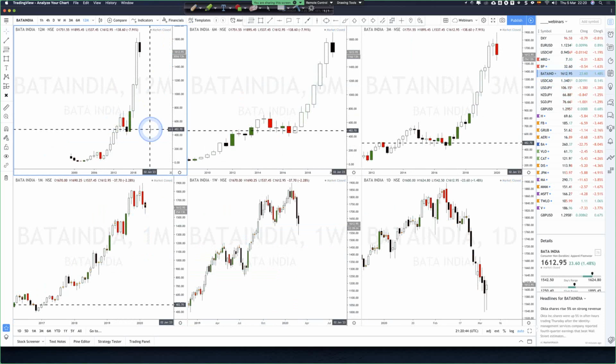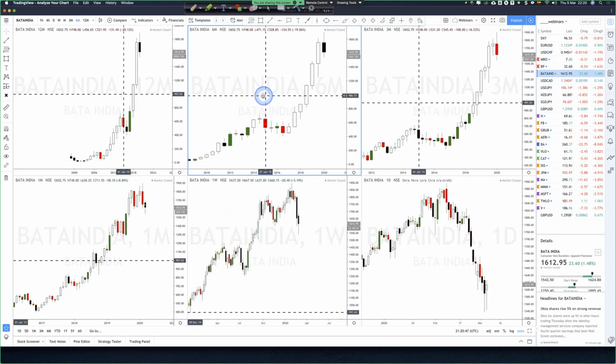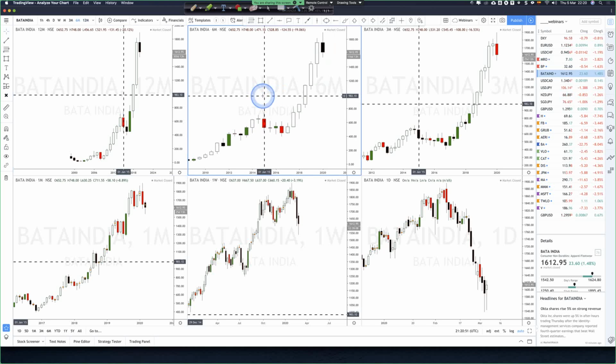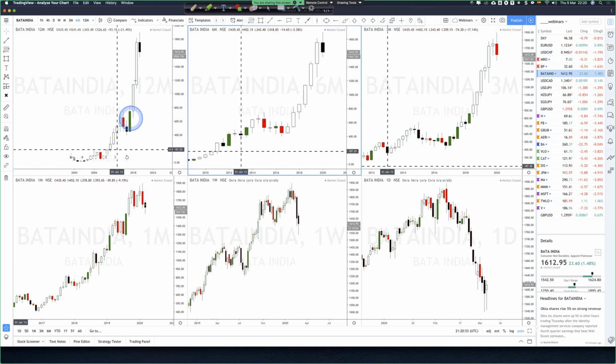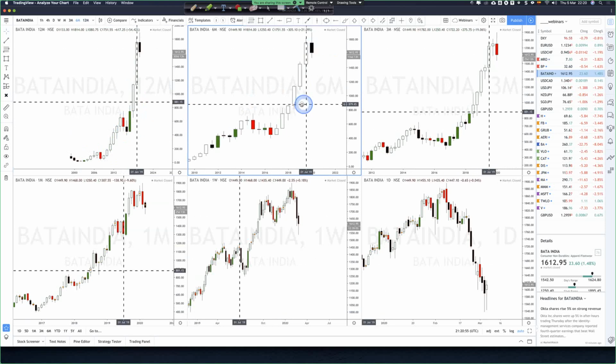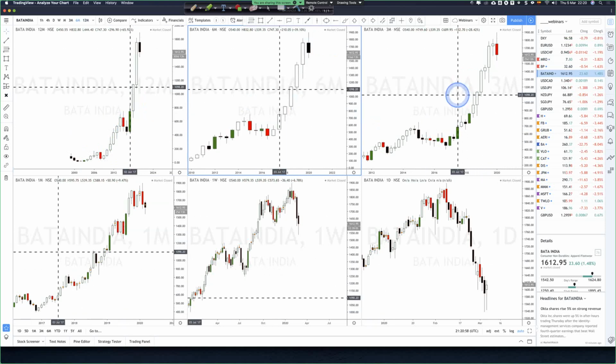This is pretty obvious. Damien is saying overextension. Base, I guess he's referring to the 12-month chart and the 6-month chart and the 3-month chart. We should be waiting for a bigger retracement. As simple as that.